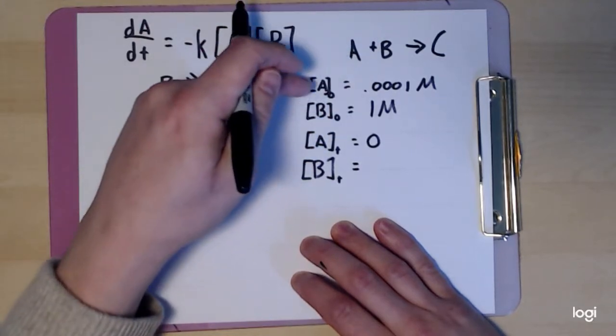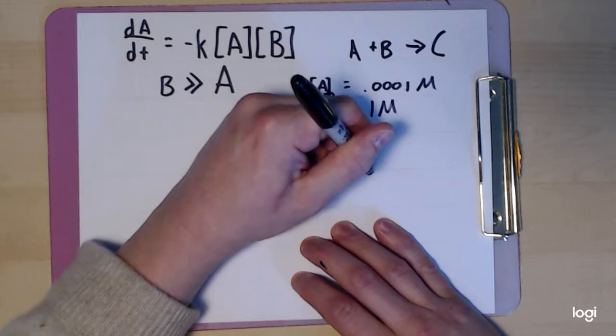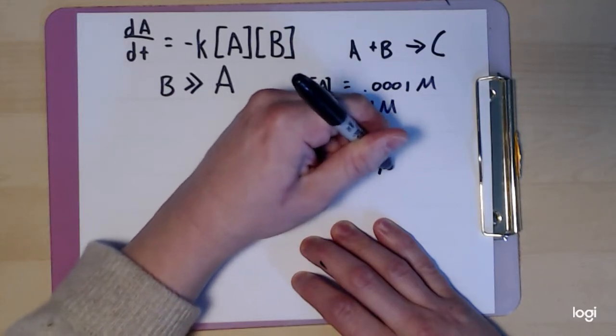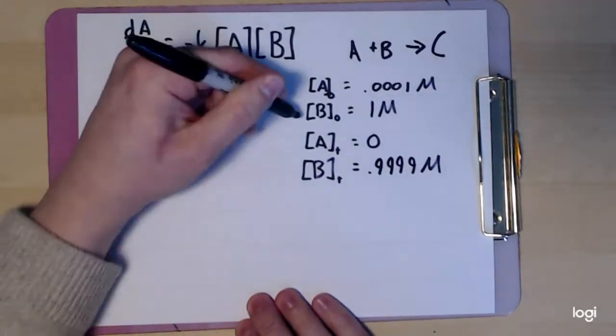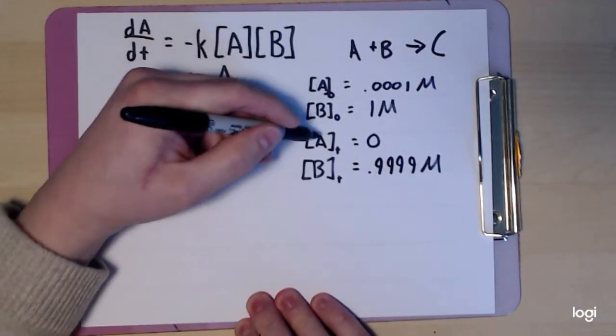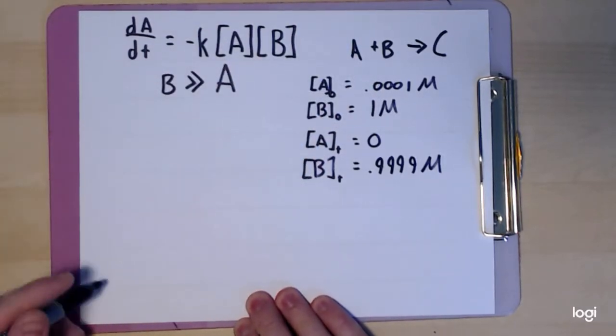Even if this reaction proceeds to use up all of A, you'll have B in such excess that at time t you'll have 0.9999 molar concentration of B. So B hardly changes as the reaction proceeds entirely to completion based on the limiting reagent A.